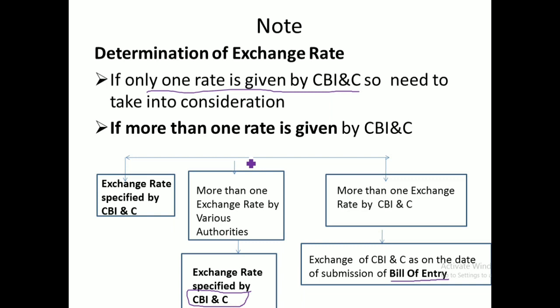If more than one exchange rate has been given by CBIC and many other authorities like RBI, financial institutions and even banks, we need to consider the exchange rate given by CBIC. If more than one exchange rate is given by CBIC itself, we need to consider the exchange rate on the date of the bill of entry.